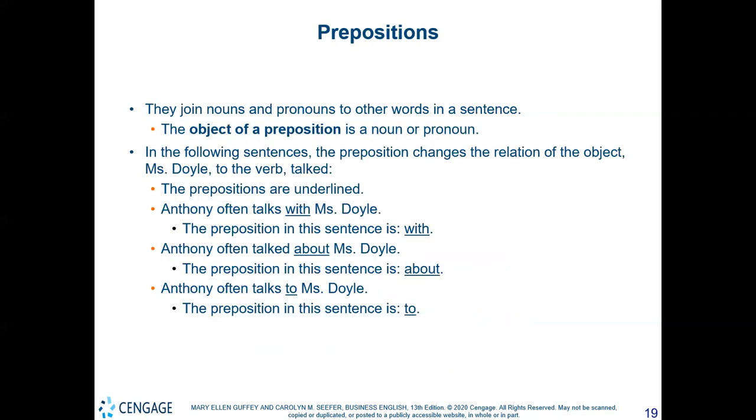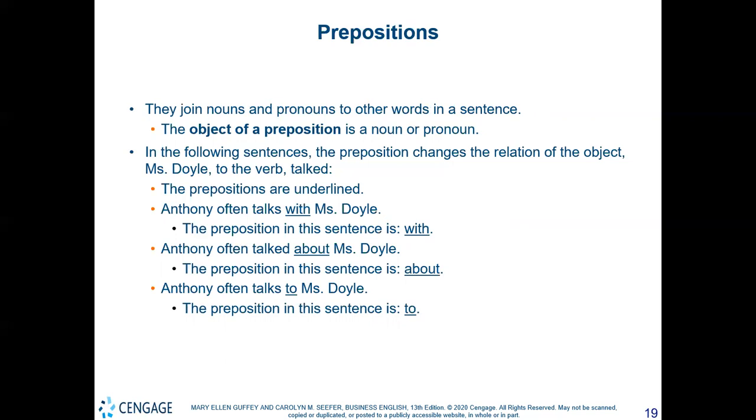Continuing with prepositions, they join nouns and pronouns to other words in a sentence. The object of a preposition is a noun or pronoun. In the following sentences, the preposition changes the relation of the object, Miss Doyle, to the verb talked. The prepositions are underlined.